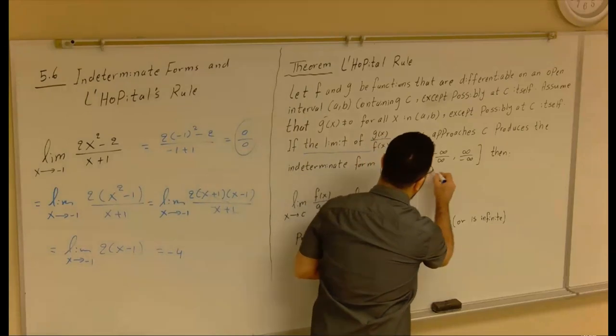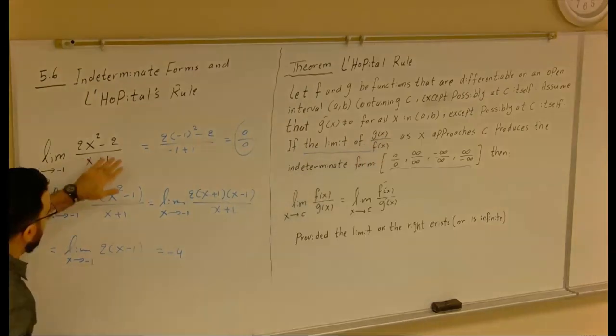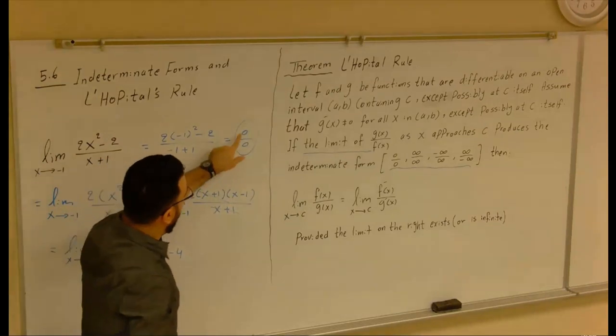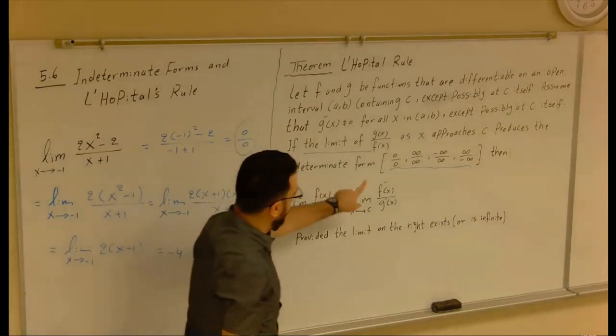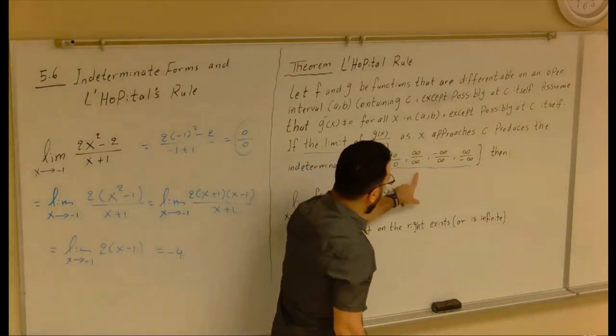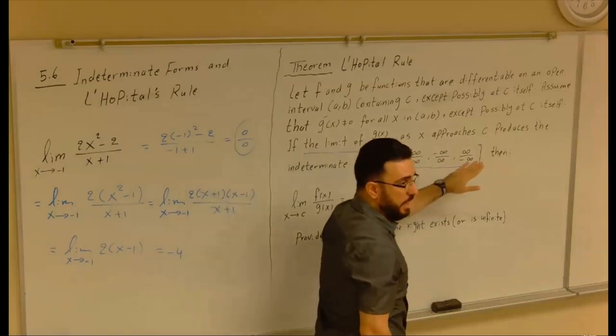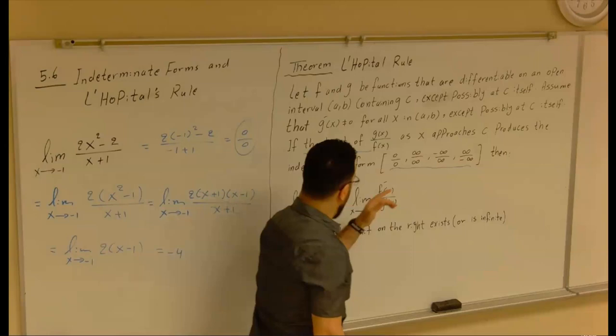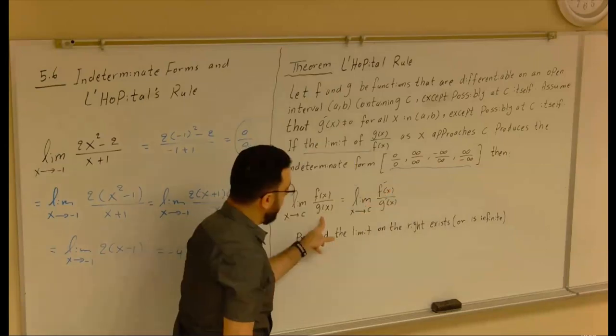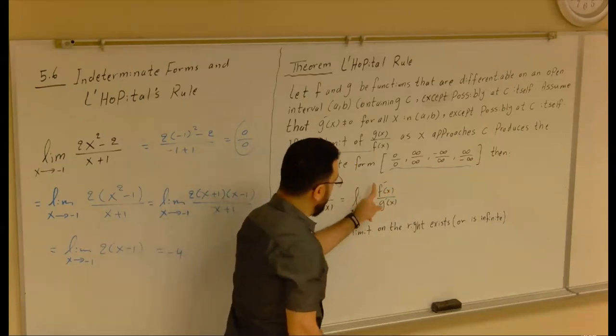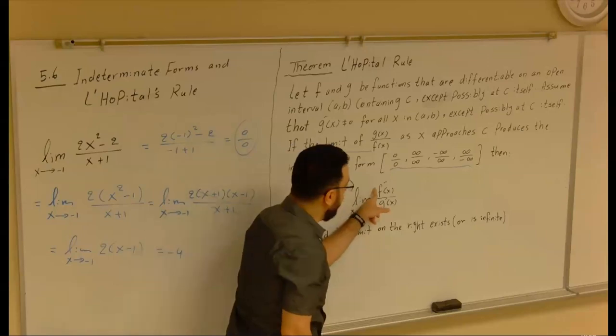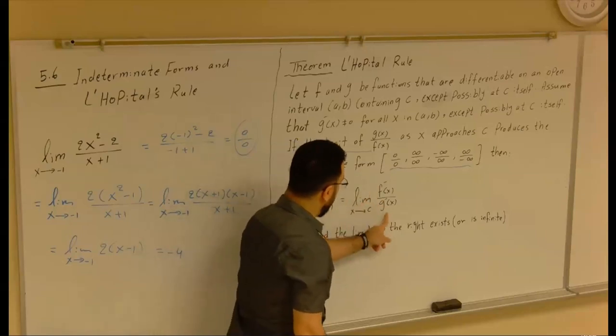That's what we did here. When I plug in the limit and I got the form 0 over 0 or infinity over infinity, negative infinity over infinity, infinity over negative infinity, then the limit of f of x over g of x is going to be exactly the same thing as the limit of the derivative of f over the derivative of g.